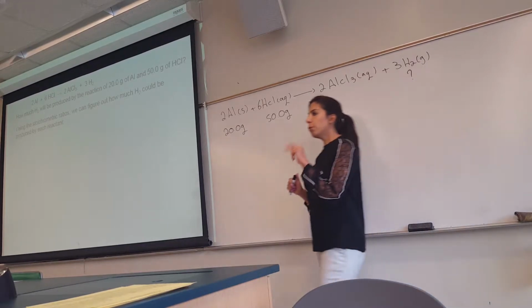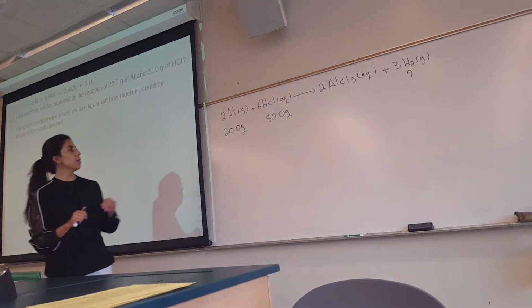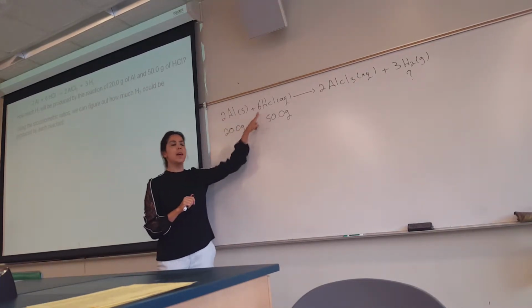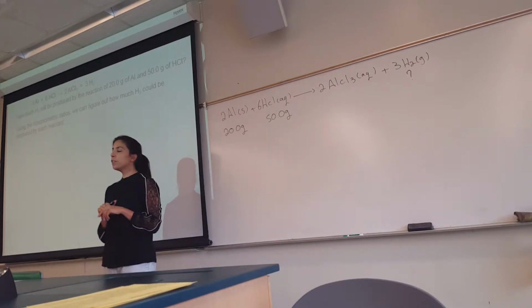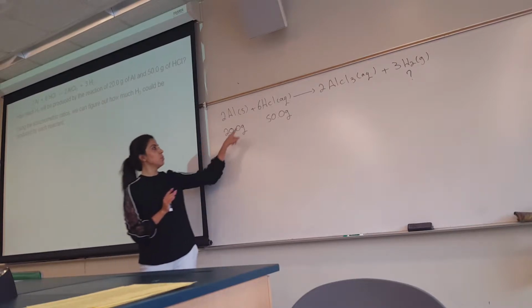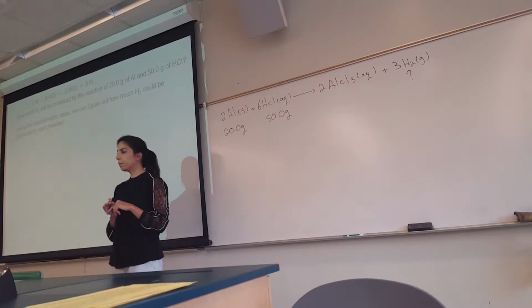Now, since both quantities of reactants are given to you, in this reaction you have two reactants, aluminum and hydrochloric acid. And for both of them, the initial quantities are given to us. The first thing you want to do is to check and see if these two quantities are in a stoichiometric ratio or not.